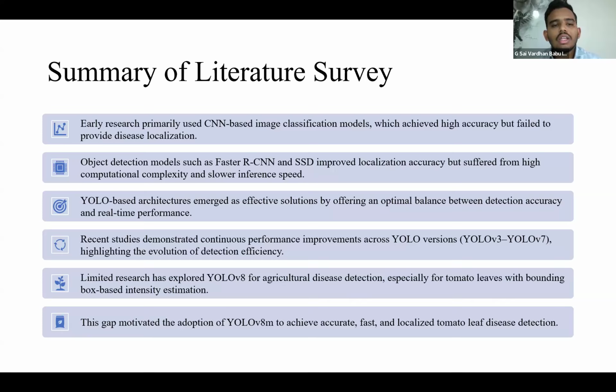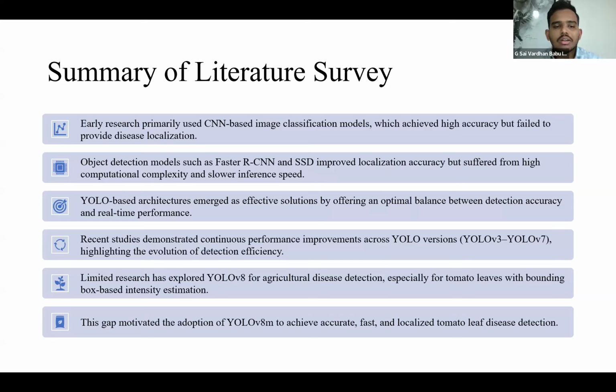But there is no particular model trained to detect multiple diseases on a single leaf. There are even other methods like SSD, single shot detection, which can accurately calculate the bounding box on a tomato leaf, but it doesn't give a real-time accuracy of more than 90%, which is desired.